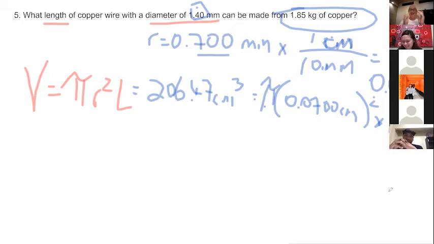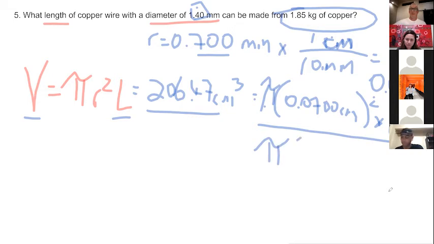Because we're going to have this kind of problem a lot, where we're given an equation, and instead of solving for this, we need to solve for this. So in that situation, we take both sides of our equation and we divide by everything that isn't L, right? What isn't L? Well, pi isn't L, and 0.0700 centimeters squared isn't L.